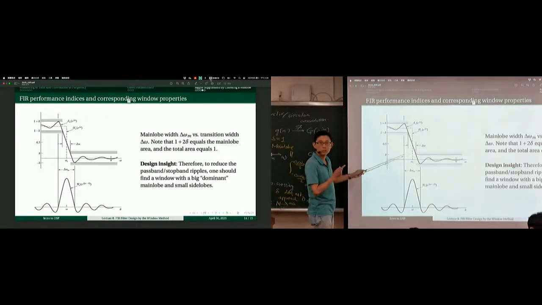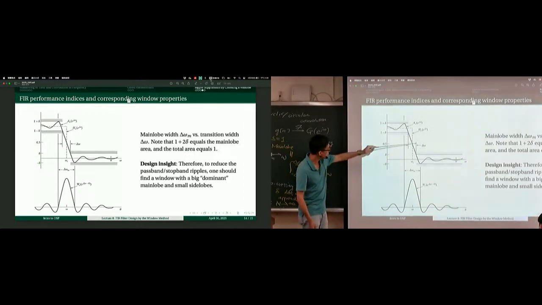So just by plotting, we see that the transition width, by definition, is always going to be slightly smaller, more narrow than the main lobe width of the window we use. Let me repeat that. The transition width is the width between this point and that point, between the two corner points, and it is always slightly smaller than the main lobe width.